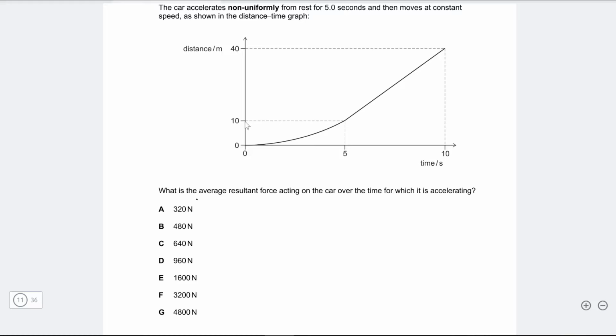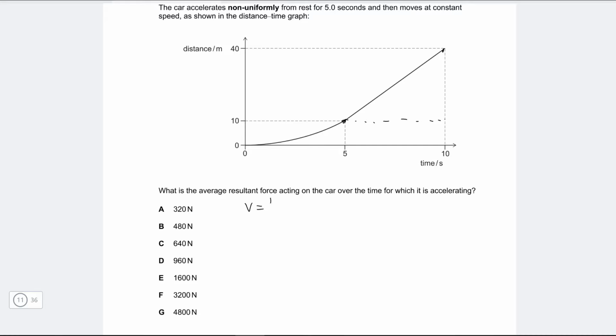Okay, well, the acceleration only occurs during this portion of the graph when the gradient is changing. As soon as it reaches this constant velocity, the car just moves along with this constant velocity. We can actually work out this final speed simply by using the gradient. So the gradient of this graph, let's take points across here and here, will be the final speed.